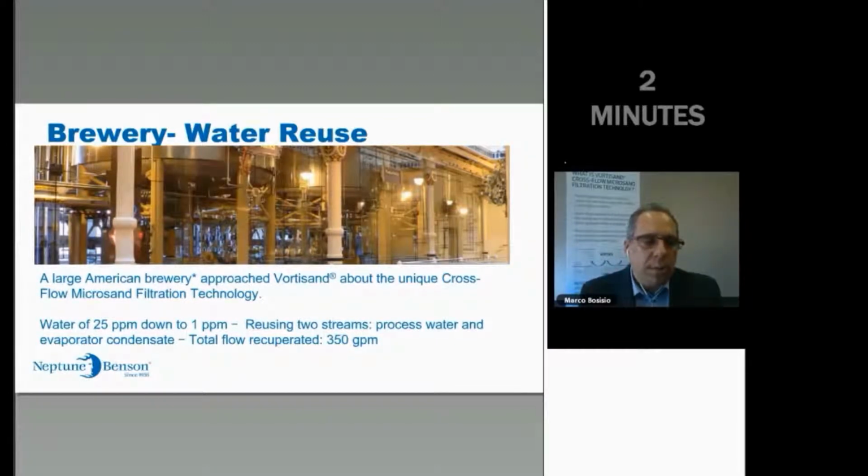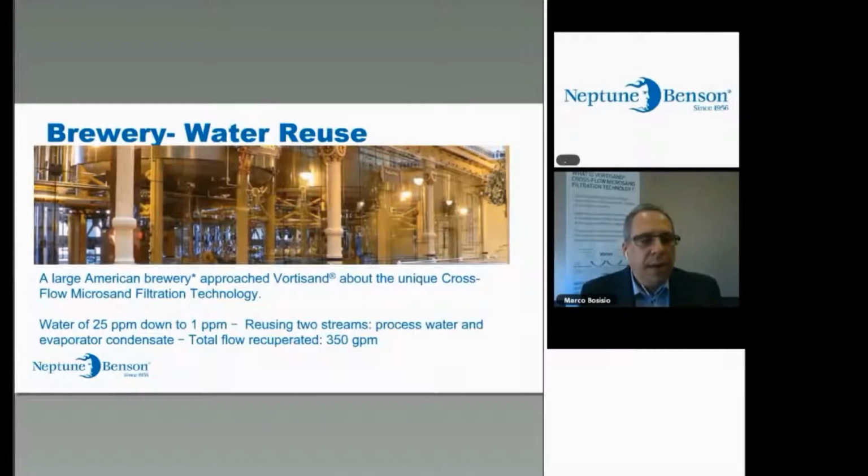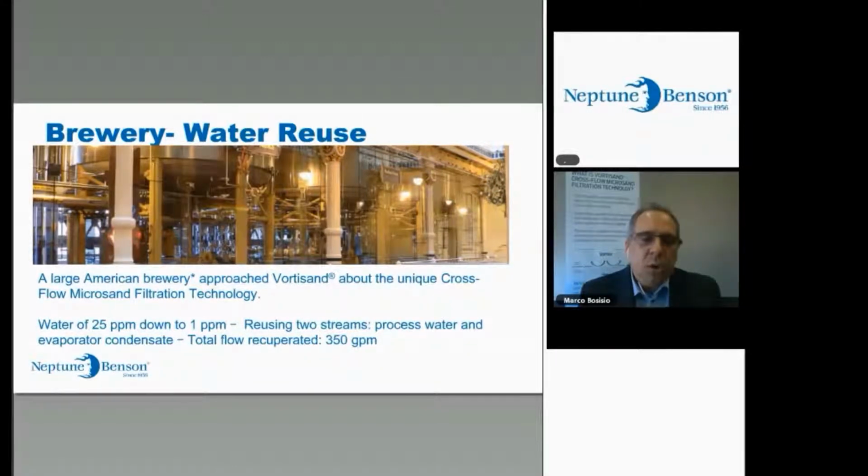Another one is a brewery where water reuse was important. The cross-flow microsand filtration technology was chosen by this large American brewery. The idea was to bring the turbidity, or the TSS, sorry, down from 25 ppm to 1 by reusing two streams. One was the process water, and the other was evaporated condensate.